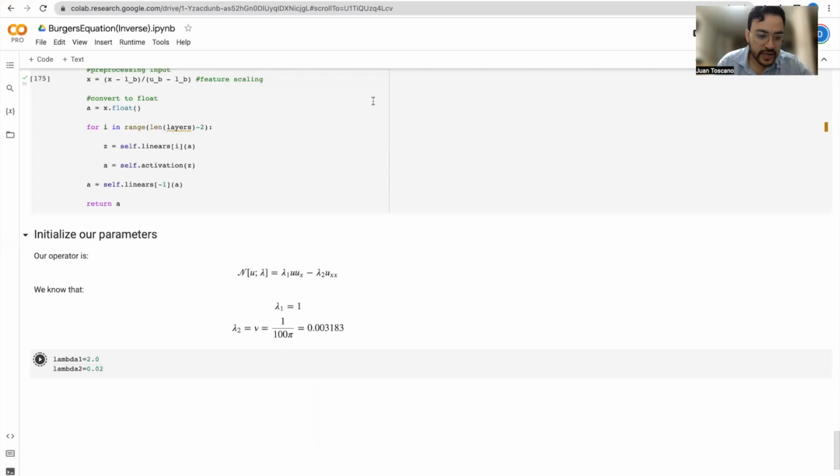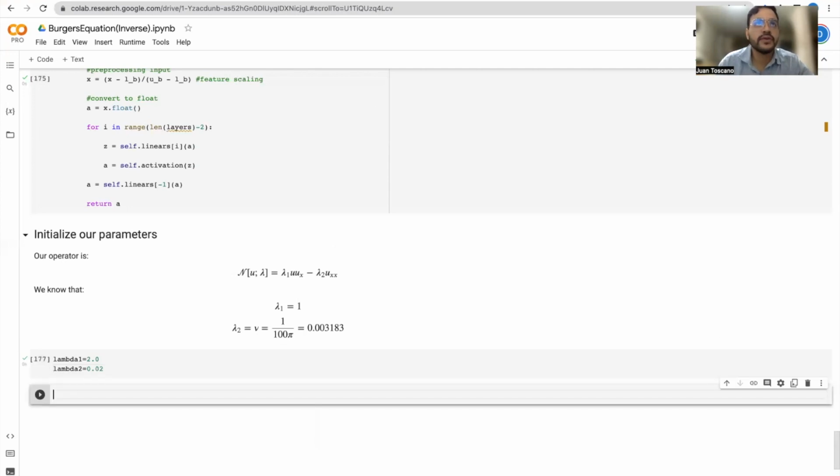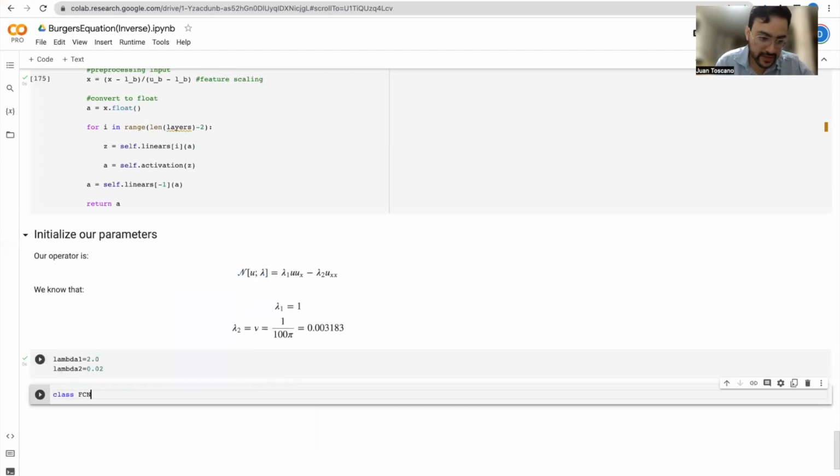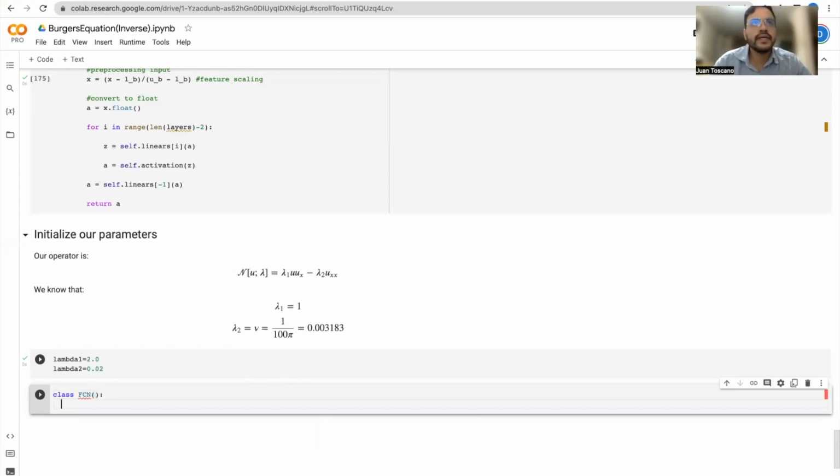Once we have initialized our values, we can start defining our neural network. So let's call this class, which in itself is a fully connected neural network. We just split it, but it's a fully connected neural network itself. Let's initialize it, which will be init, and we want to give it self and layers. The layers will be the array that will tell us how we want to structure our neural network.